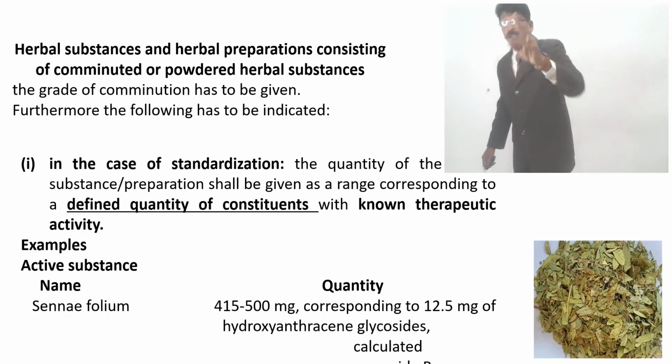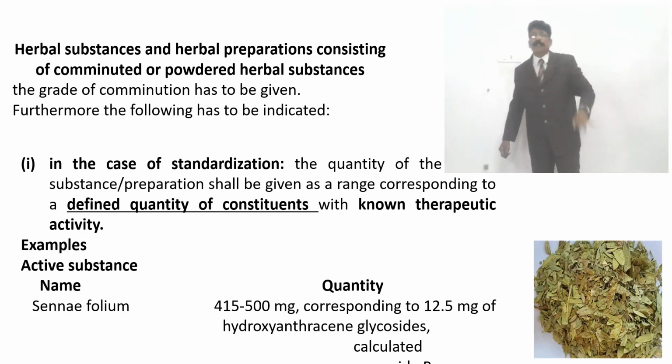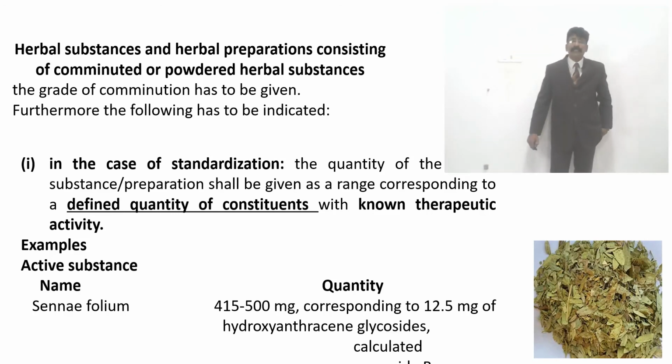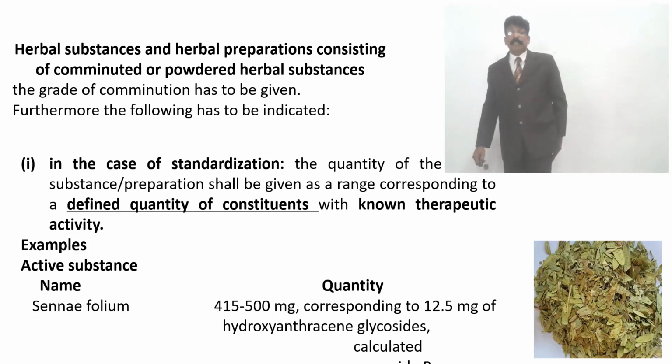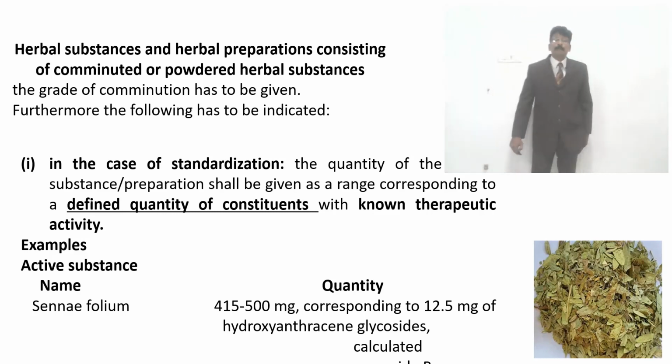Example, we have 2: herbal substance and herbal preparation. So in case of herbal substances, in case of standardization, the quantity of the herbal substance or preparation shall be given with a range corresponding to the defined quantity of the constituents with known therapeutic activity.